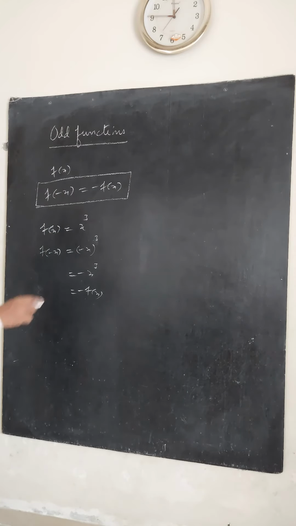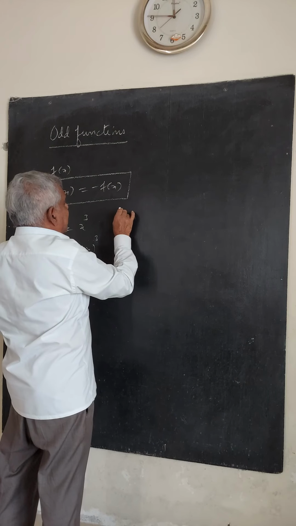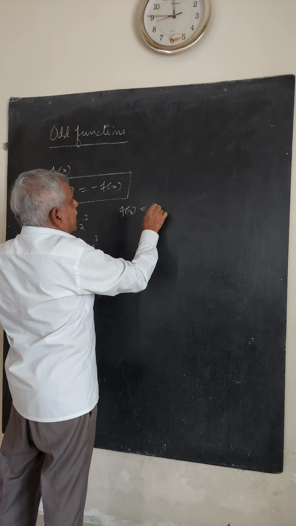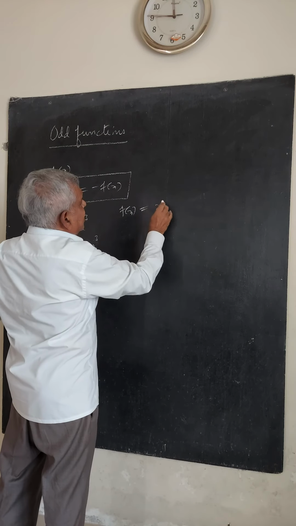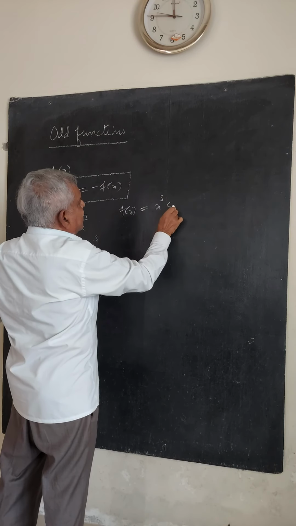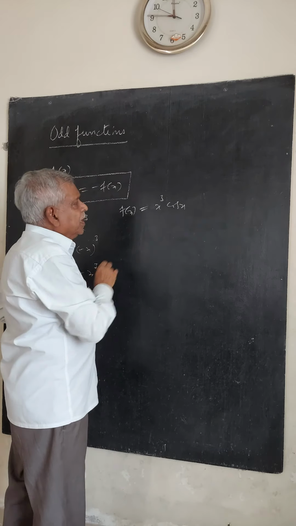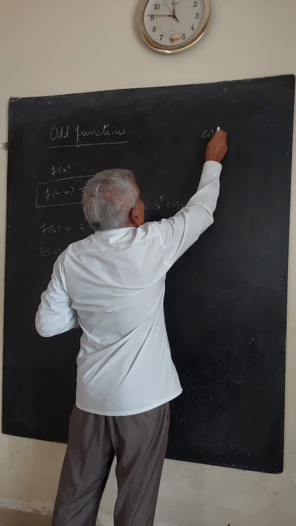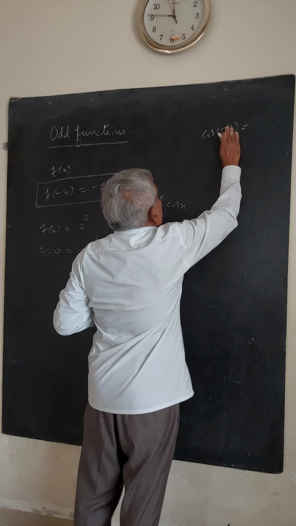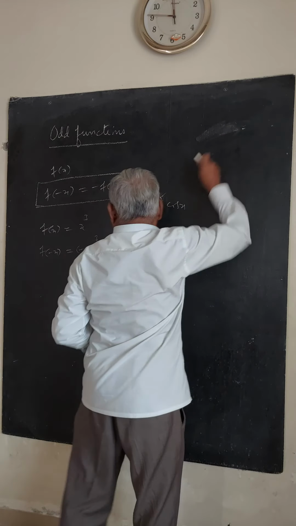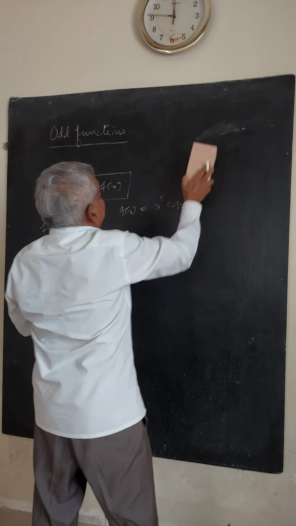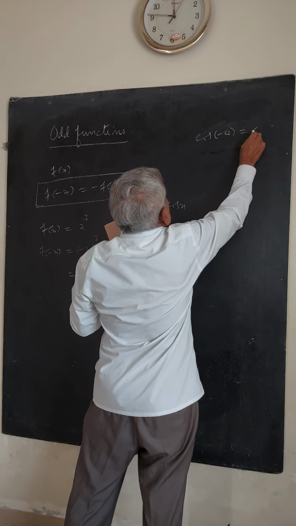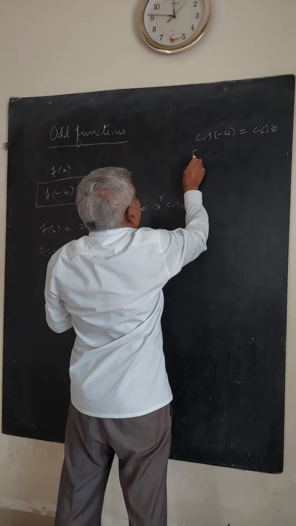See, f of minus x equal to minus f of x. This is an odd function. Similarly, f of x equal to x cubed cos x or x power 5 cos x. See, the trigonometry formula: cos of minus theta equal to cos theta.